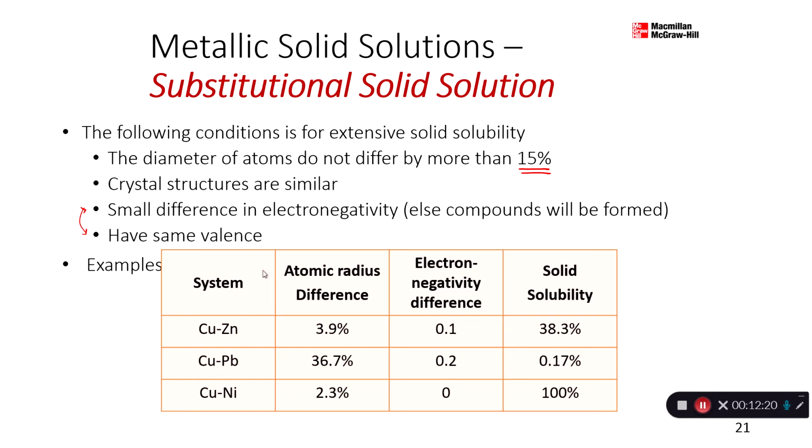Here the table shows a comparison of copper being the parent or the solvent atom, the one in high quantity, and here we have zinc, lead, and nickel being the solutes. The atomic radius of each compared to copper is 7%.